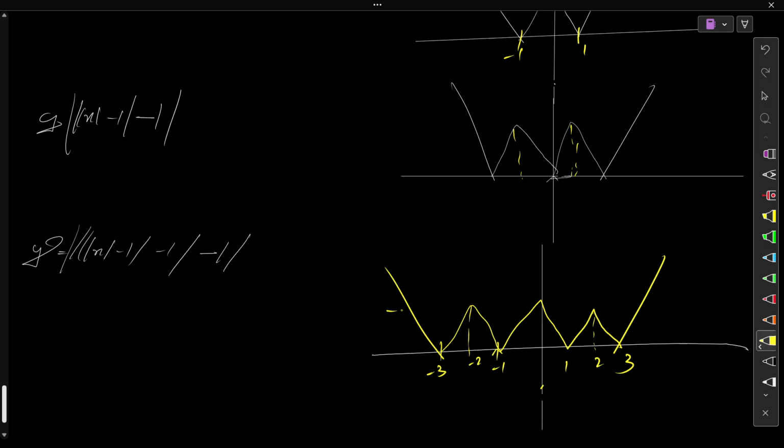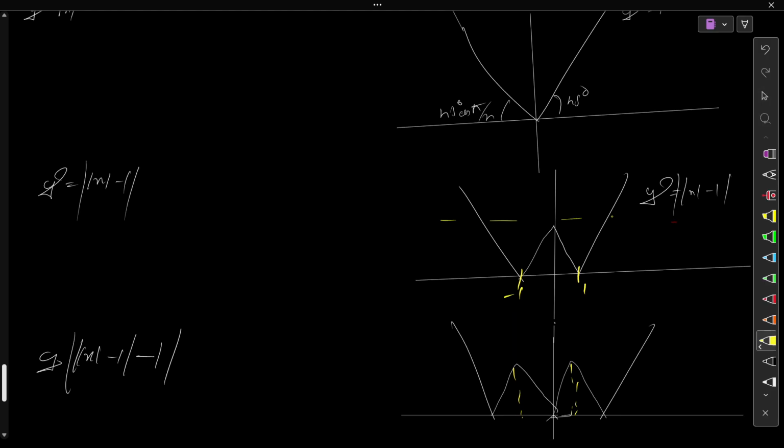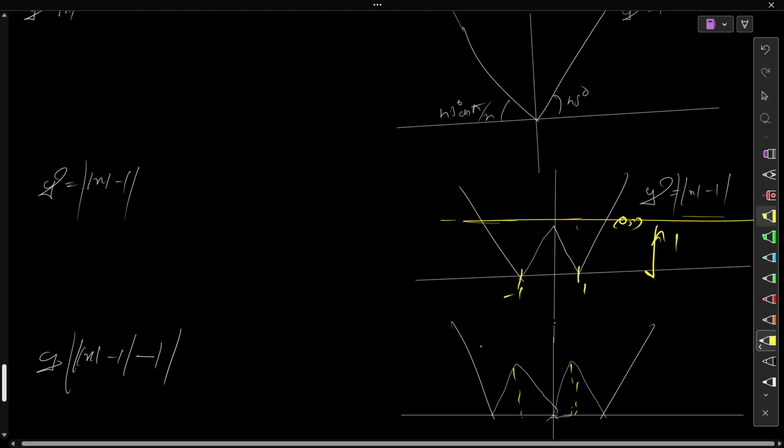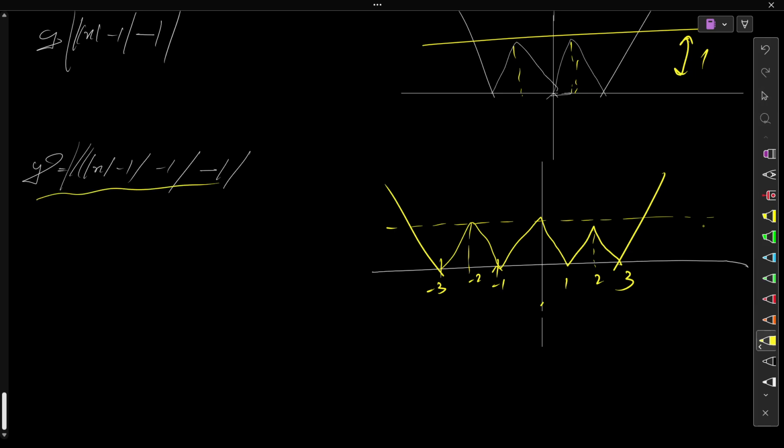Since the function has always been shifted up and down by 1 only, this length is not affected. In this case also the height is 1, and in this case also the height is 1.